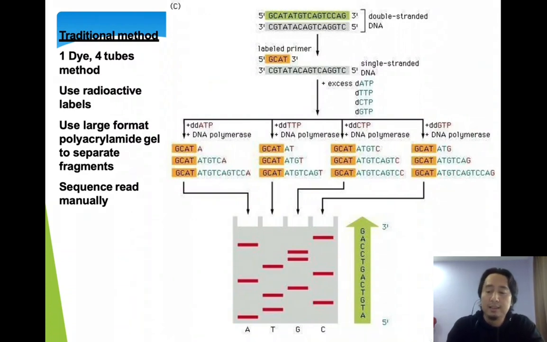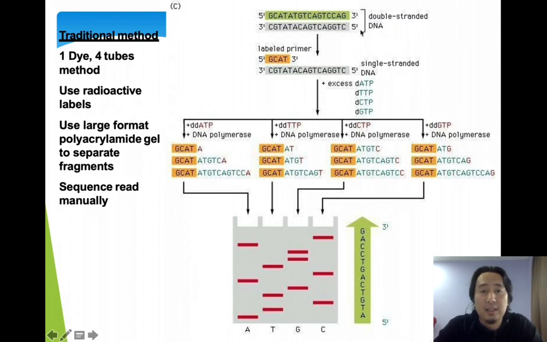So in this Sanger method process, you need a double-stranded DNA, right? This double-stranded DNA, you have to separate, exactly the same as PCR, and you need a primer.